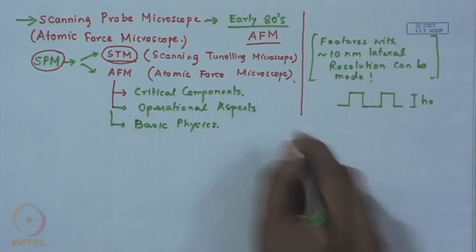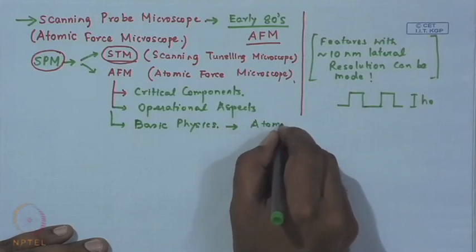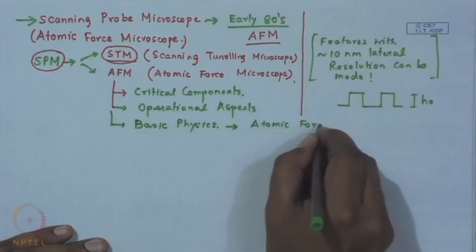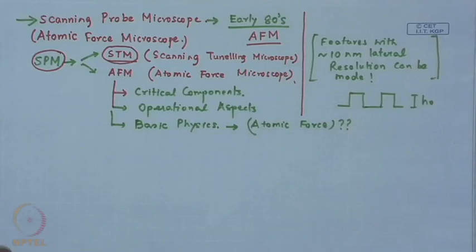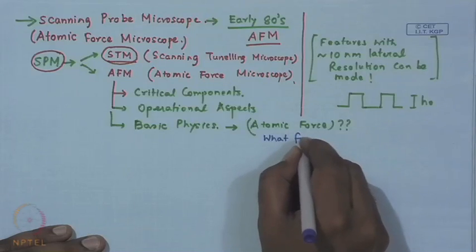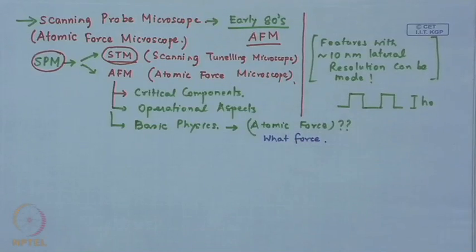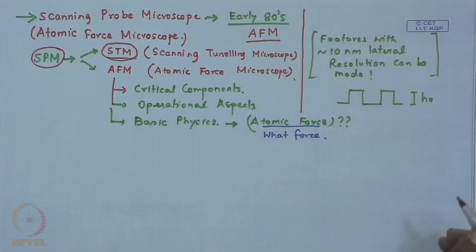We talk about what this atomic force is, what force exactly we are talking about, and it is actually a nice bridge between the two parts of the course, the patterning part and the instability part, because the forces we talk about here are significantly responsible for the instability.